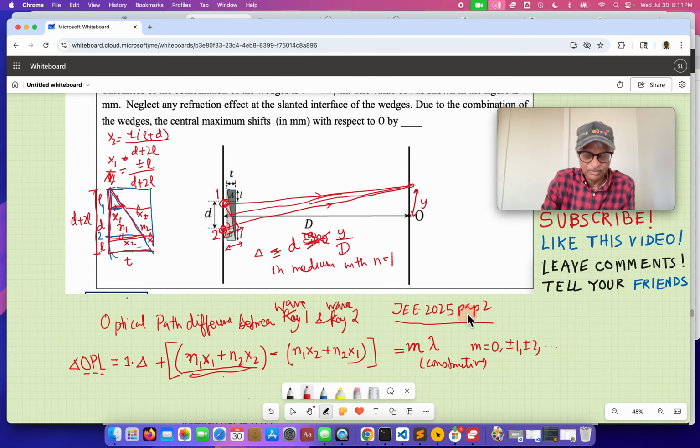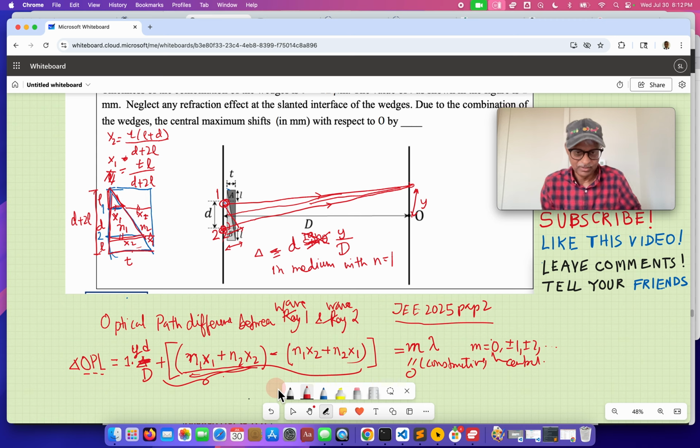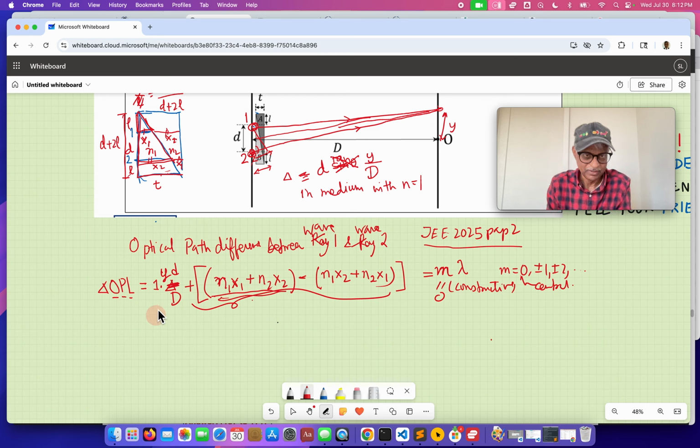Okay, so of course m equal to 0 is the central. When this part is not there, if you look at this delta y, let's write that y d over capital D. So m is equal to 0 for us, and when this part is not there, you can see that y will be at 0 when m is 0.